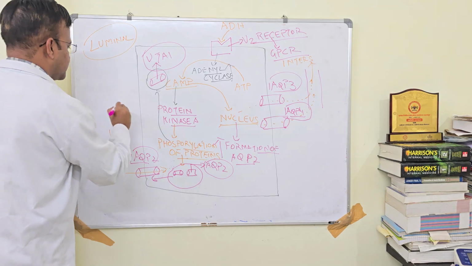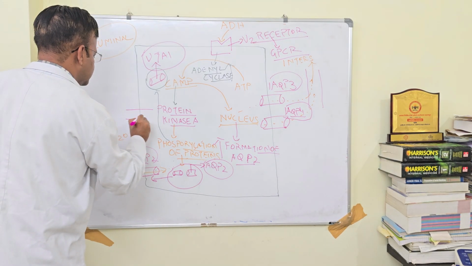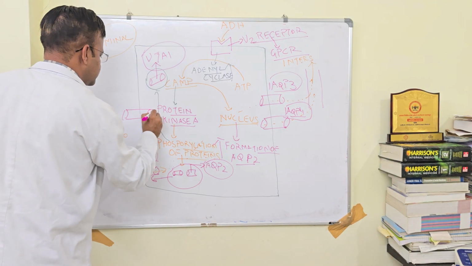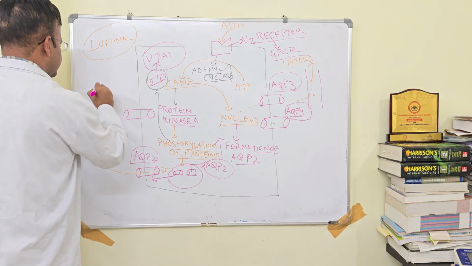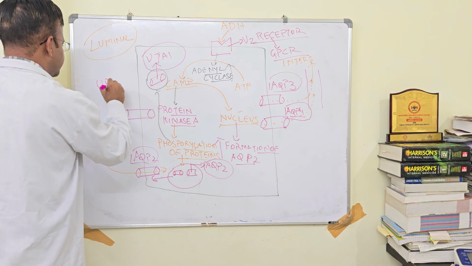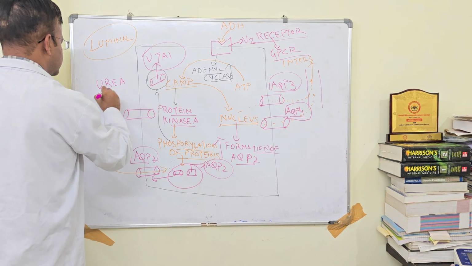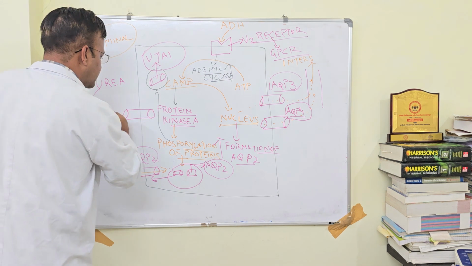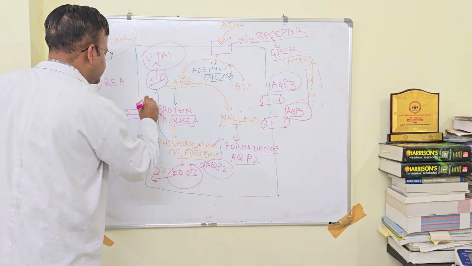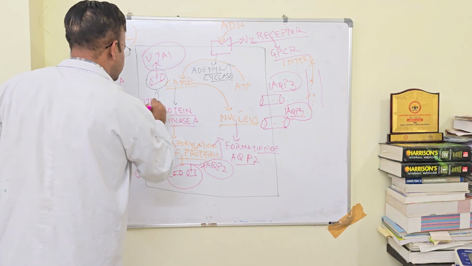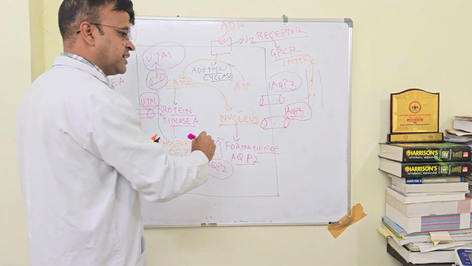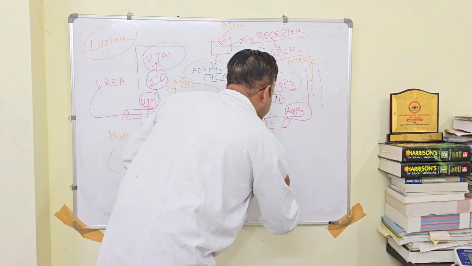The urea over here will come through UTA1 and exit the cell through UTA3.